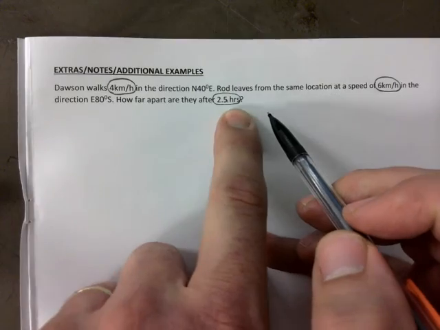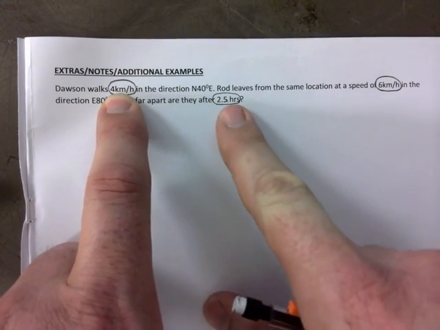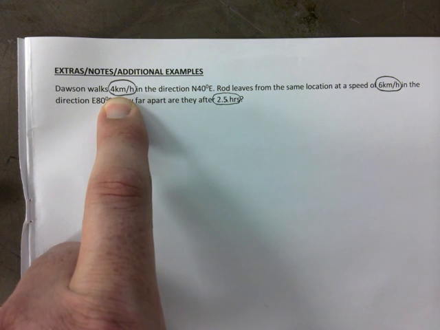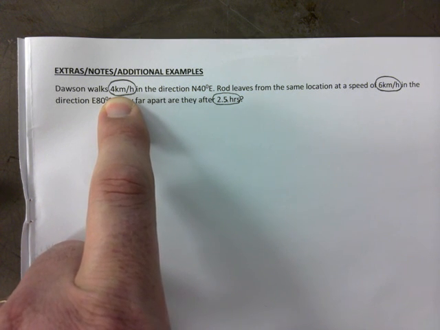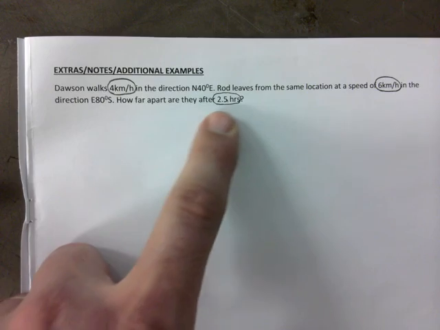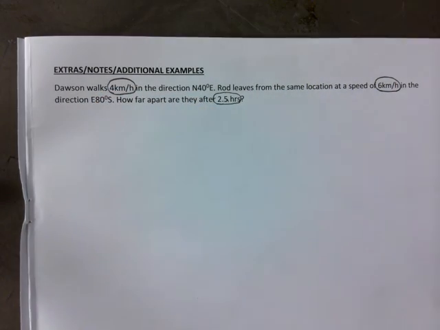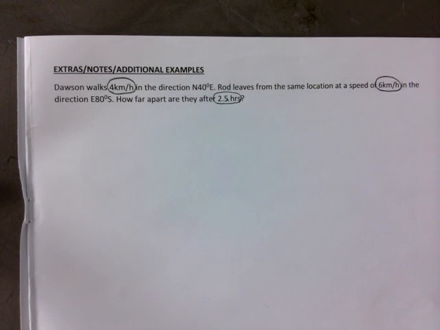What do you do with the time and the speed? If you're walking 4 kilometers in 1 hour, you walk 8 kilometers in 2 hours, or 12 in 3 hours. So you just multiply them. Multiply your time, and that way you get a distance that you need for your triangle. So if you come across that, that's what you do.